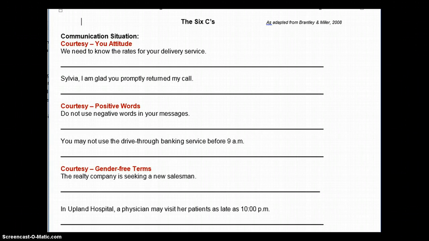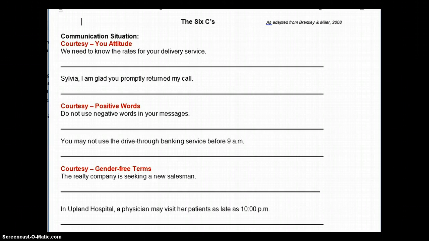The next one, you may not use the drive-through banking service before 9 a.m. Again, this is stating what cannot be done rather than what can be done. So rewriting that sentence to say, you may use the drive-through banking service beginning at 9 a.m. would be much better.